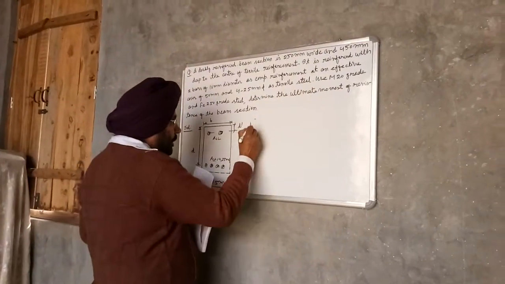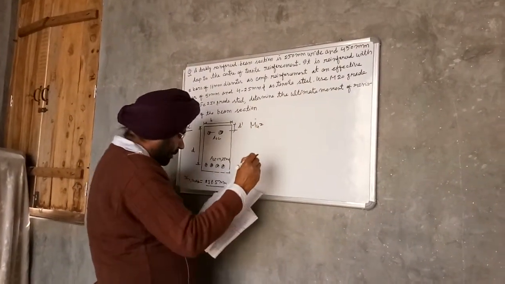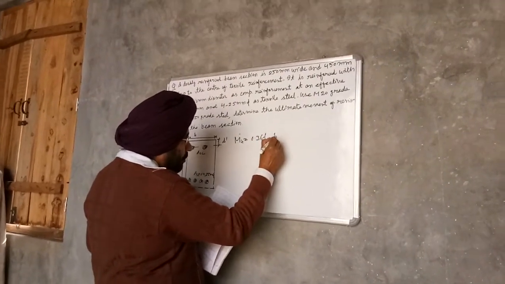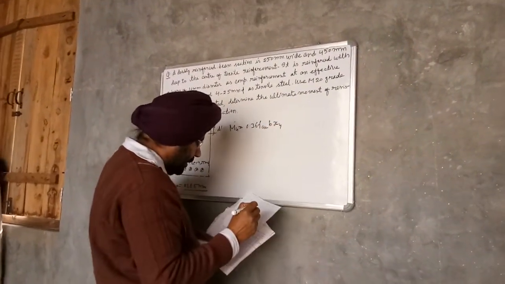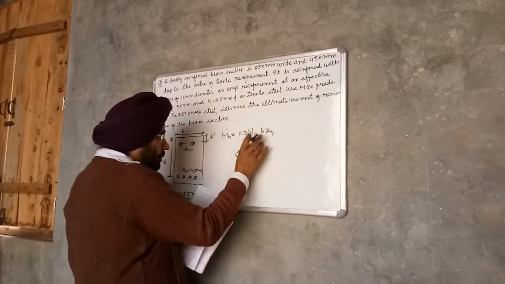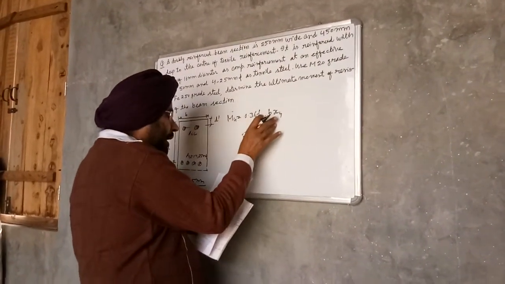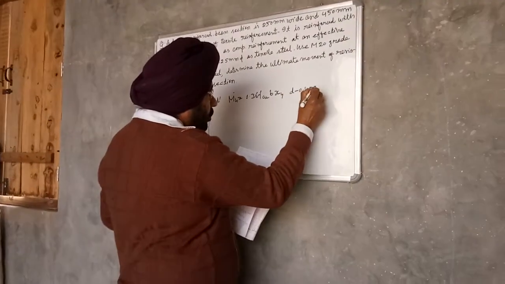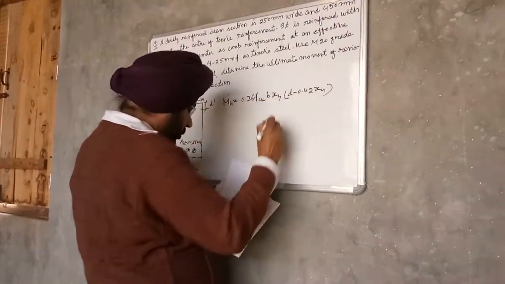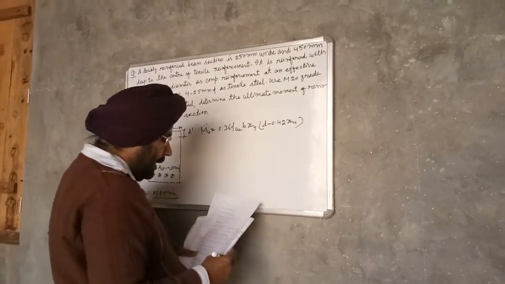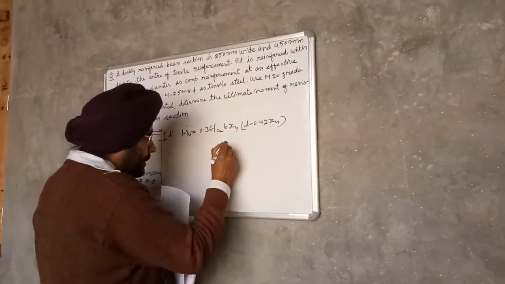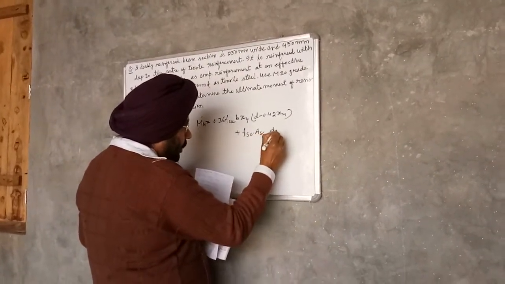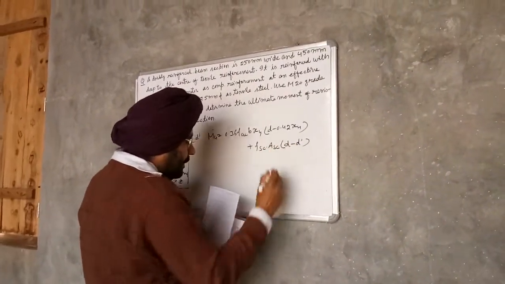So Mu, the ultimate moment of resistance, is equal to 0.36 FCK B into XU, which is the compressive force C1, with lever arm D minus 0.42 XU, plus FSC into ASC into D minus D dash.